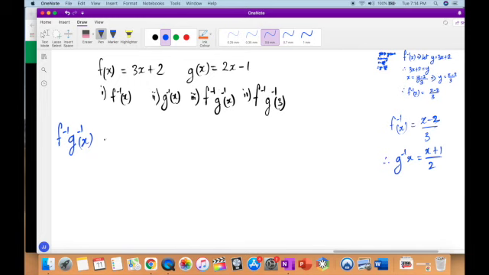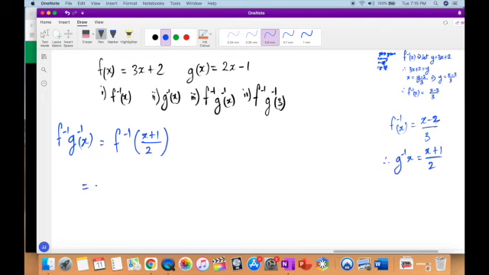So let's see how this works out. That is the f inverse of, and then the g inverse of x is x plus 1 all over 2. So I'm taking the x plus 1 all over 2 and putting it in f inverse x.